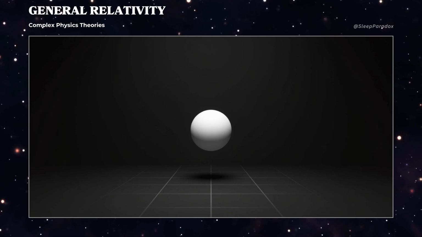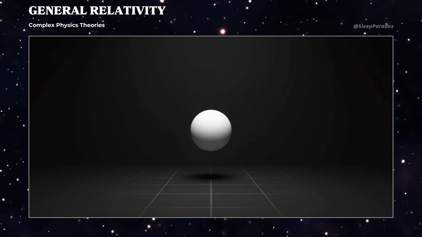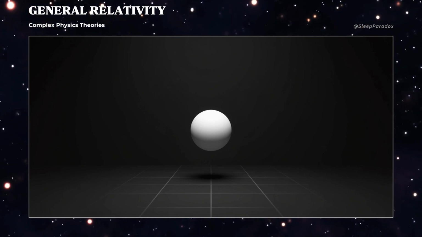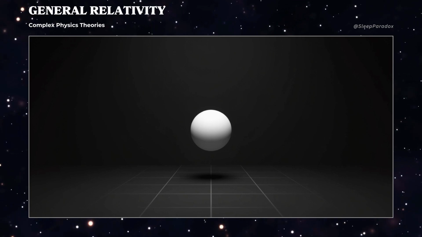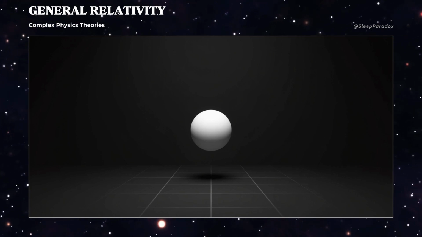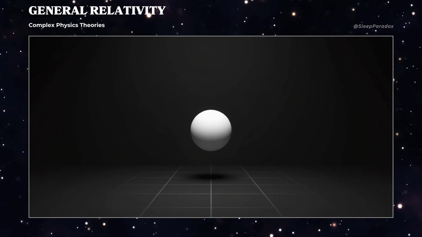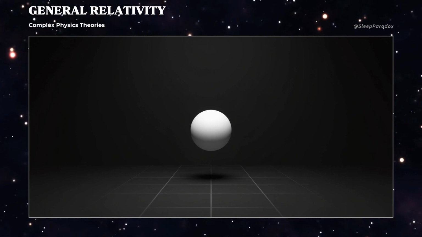Another prediction is the slowing of time in strong gravitational fields. This is known as gravitational time dilation. Near a massive object, such as a planet or a black hole, time passes more slowly compared to regions farther away. This effect has been confirmed by precision clocks on Earth and in orbit, and it must be taken into account for systems like GPS to remain accurate.